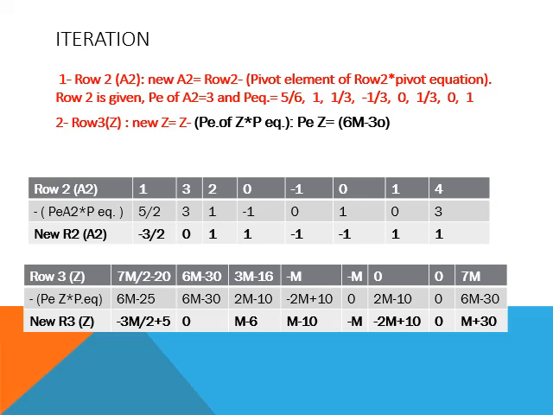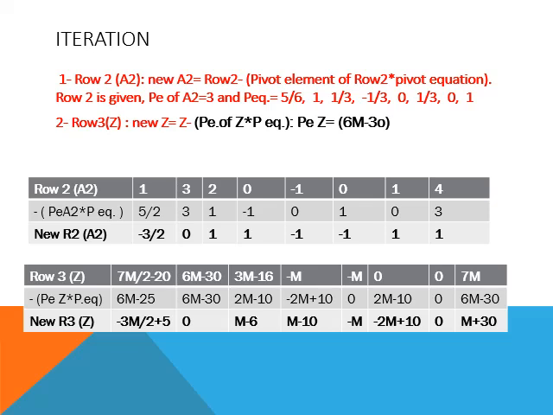So now how to find the new R2 or the new A2? We need to formulate three rows. First row, the upper row, is for the original A2, the values of A2, the coefficients of row 2, and the second row is the pivot element of A2 multiplied by the pivot equation.